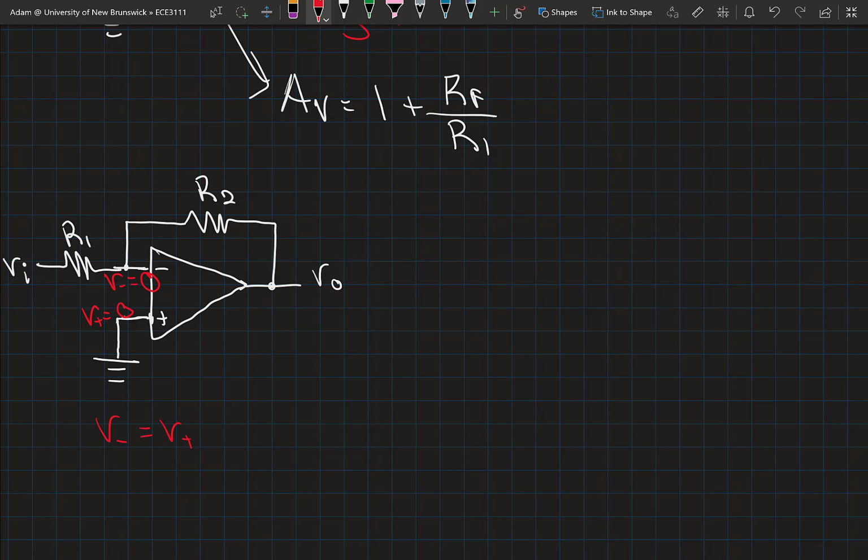This here is what we refer to as a virtual ground. Why? Because the voltage at this point, although it's not directly connected to ground, is 0.